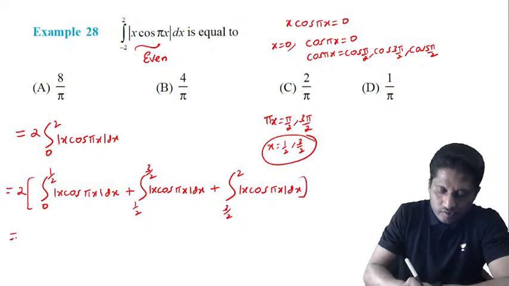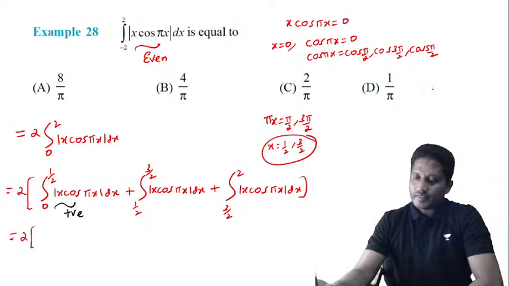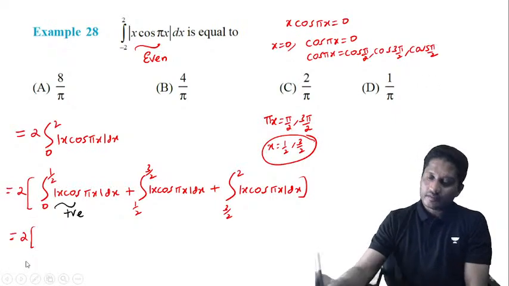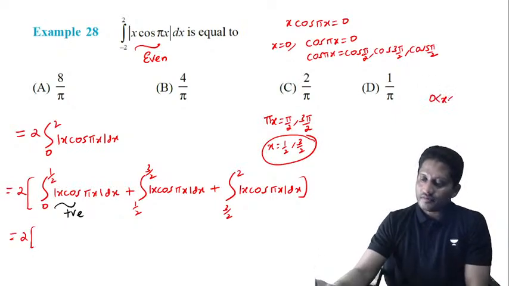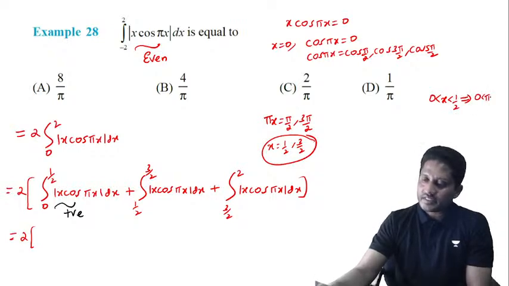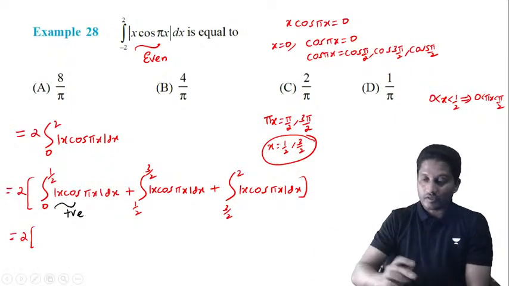So this is equal to 2 times between 0 and half. Obviously, this is positive because, let me explain here, when x lies between 0 and half, 0 less than pi x less than pi by 2. So in the first quadrant, obviously all the quadrants are positive.